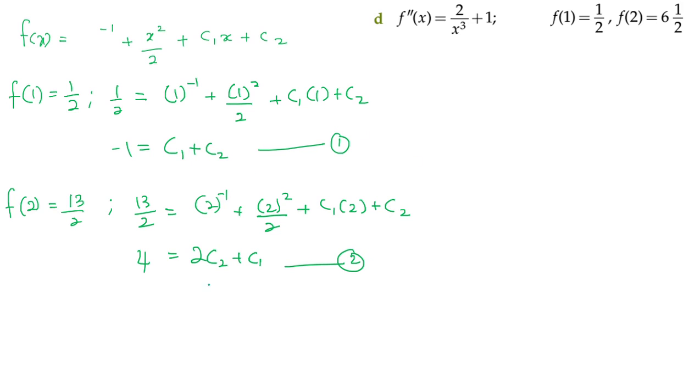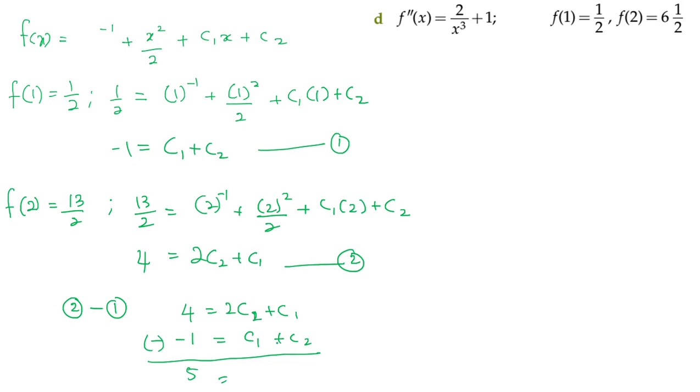When you subtract equation number 1 from equation number 2, you akan dapat 4 minus negative 1 is 5. Sorry, ini C1, ini C2.